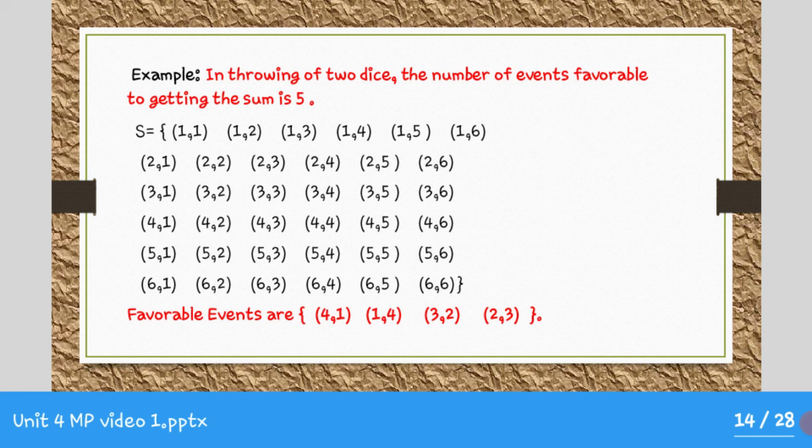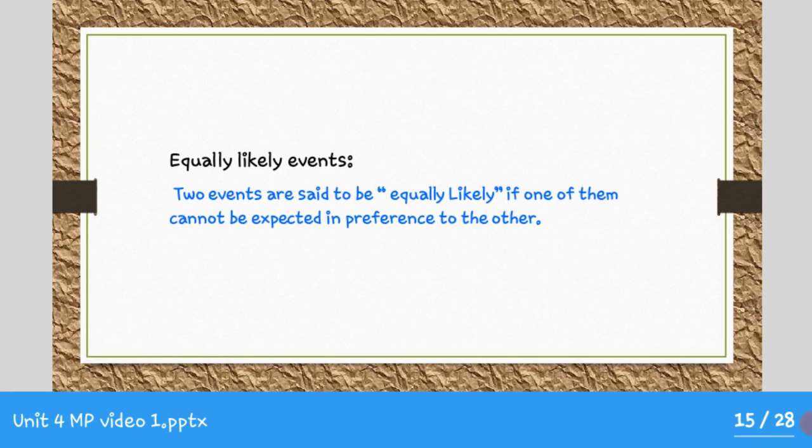But our favorable events are getting sum 5. Here (4,1), (1,4), (3,2), (2,3). The sum of values is 5. This is our favorable event.